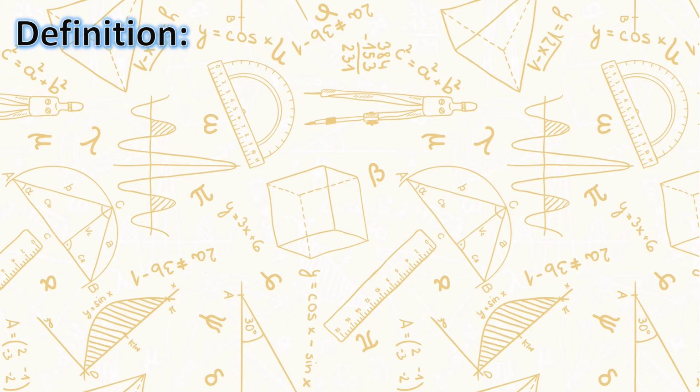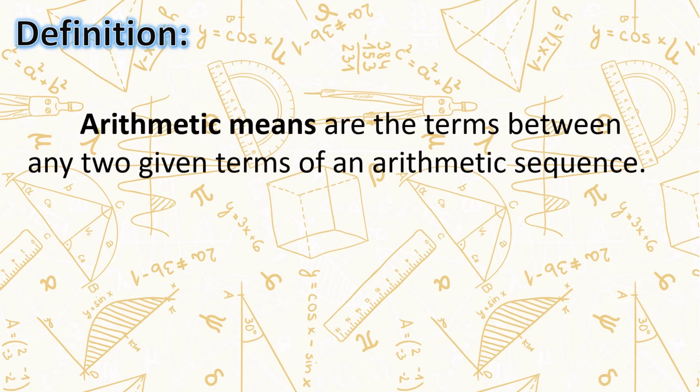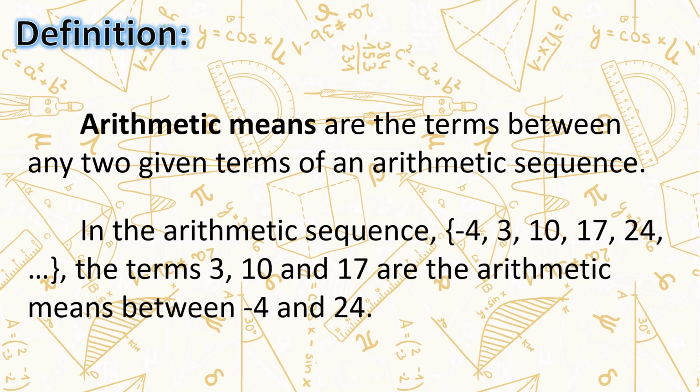This time, let us continue the discussion with arithmetic means. Arithmetic means are the terms between any two given terms of an arithmetic sequence. In the arithmetic sequence negative 4, 3, 10, 17, 24, and so on, the terms 3, 10, and 17 are the arithmetic means between negative 4 and 24.